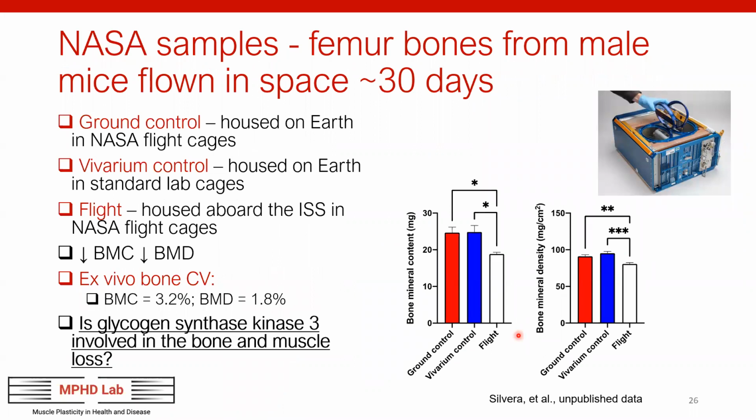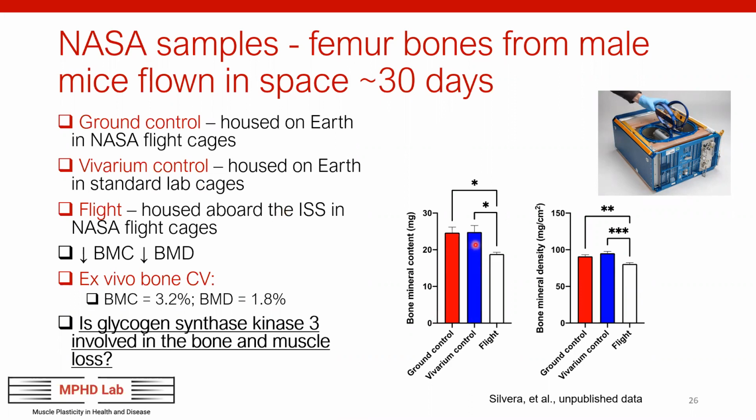Just to orient you to the graphs, we have a ground control. These ground control mice are housed on Earth in the special NASA cages. The bottom line is they're on Earth. The vivarium control are mice that are also housed on Earth, but in standard laboratory cages. So the ground control is in red, the vivarium control, or VIV, is in blue.